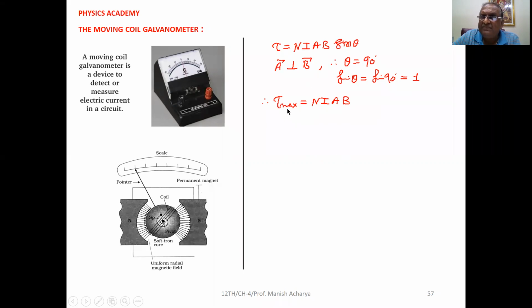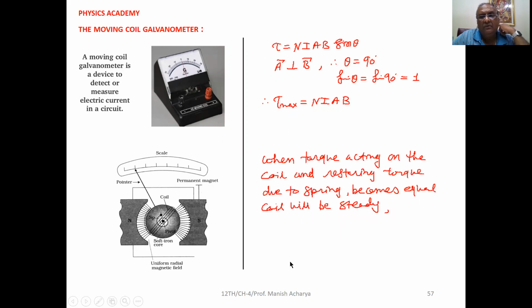Now, in this particular case, the torque acting on the coil becomes maximum. So we can say tau maximum acting on the coil is NIAB. Now, when the torque acting on the coil and the restoring torque due to the spring become equal, then the coil will be steady.